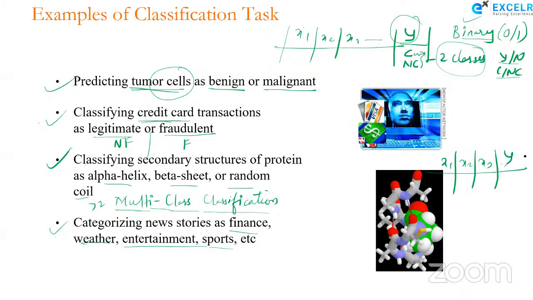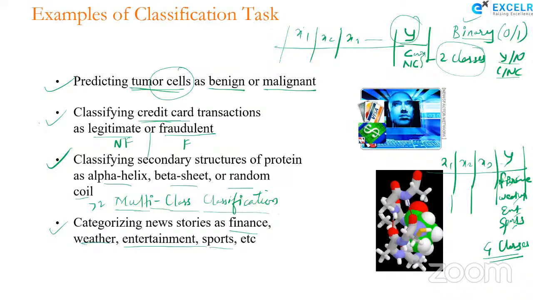So let us say the target variable: based on all these features, I want to classify whether a news story belongs to finance, weather, entertainment, or sports, right? So we have 1, 2, 3, and 4 classes over here. When the number of classes is more than 2, we call it multi-class classification.